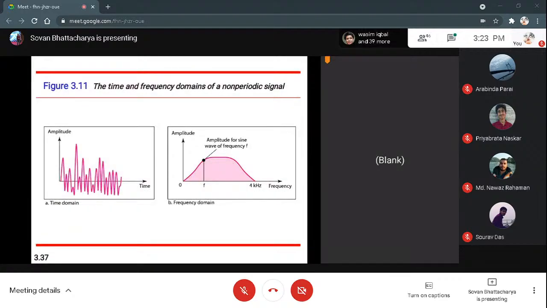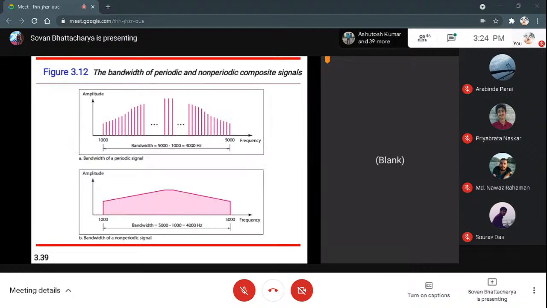Some waves will have a high peak, and some will have different types of distortion within the time domain. Different amplitude and frequency will be there, so this will create a problem.